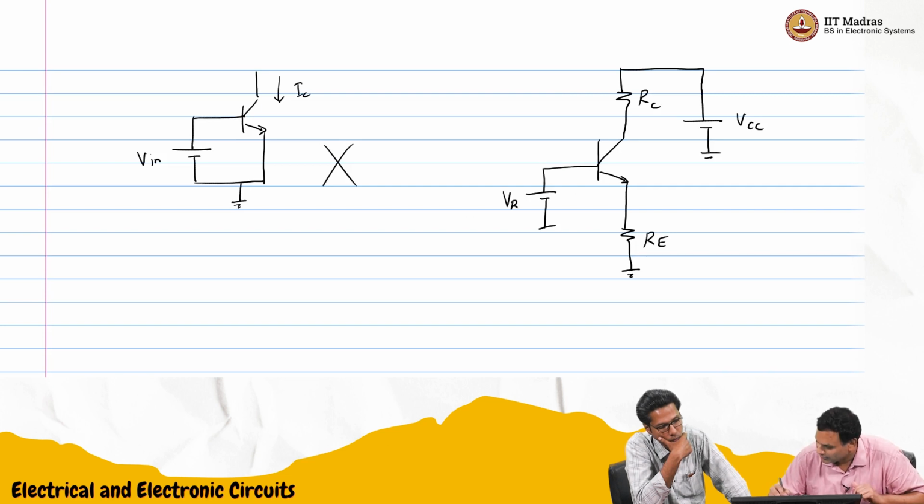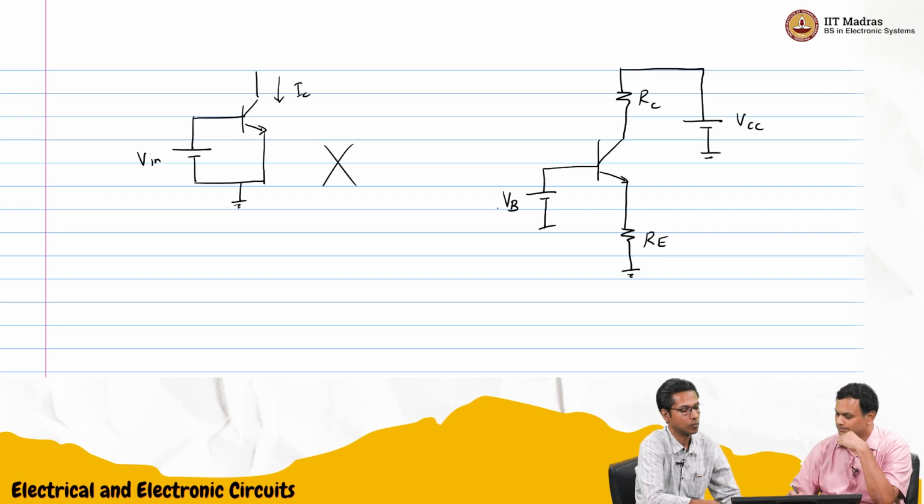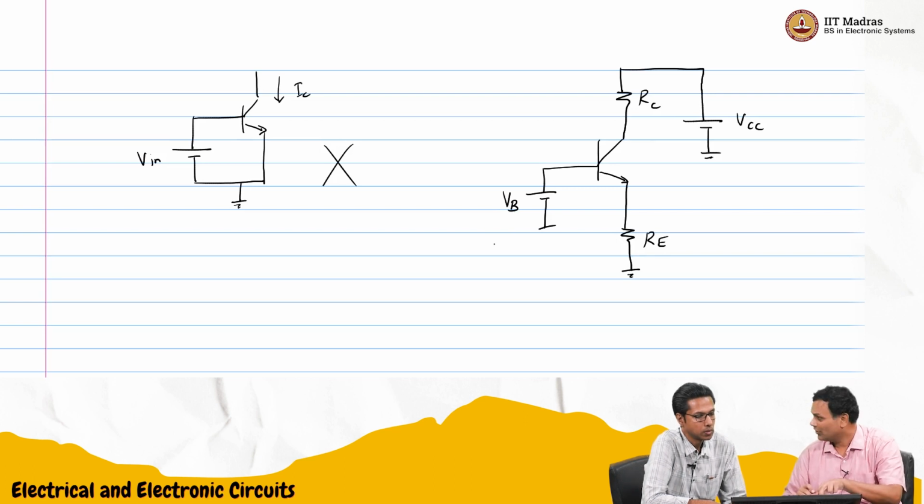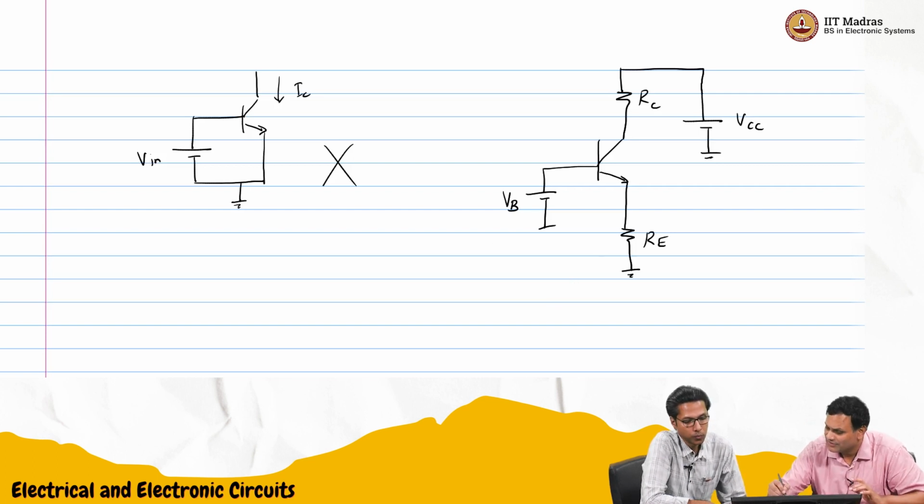So I'll call this VB. If VB is very small, less than VB on, then nothing will happen. Now, if it is exactly VB on, so let's say VB is 0.7, then it will be in active region, and this will be 0.7.